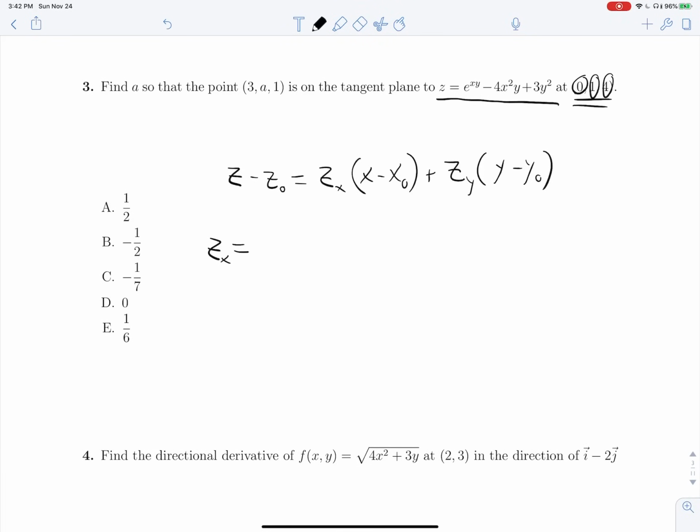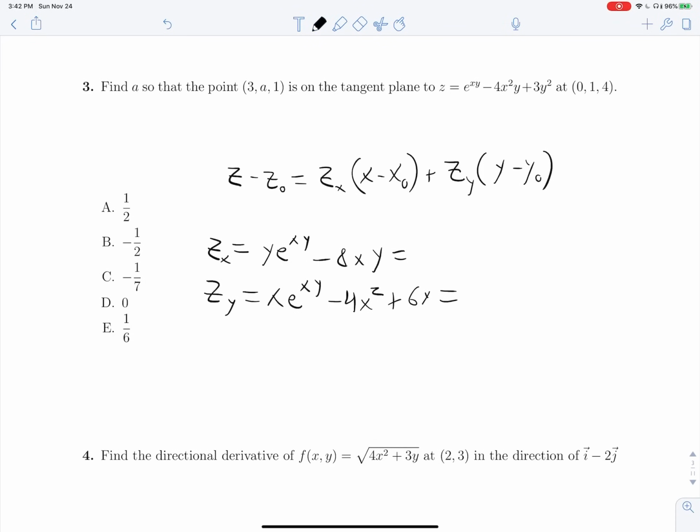So zx is going to be y e to the xy minus 8xy. Zy is going to be x e to the xy minus 4x squared plus 6y. And we can evaluate these guys at 0, 1, because our 4 is our only z out there.